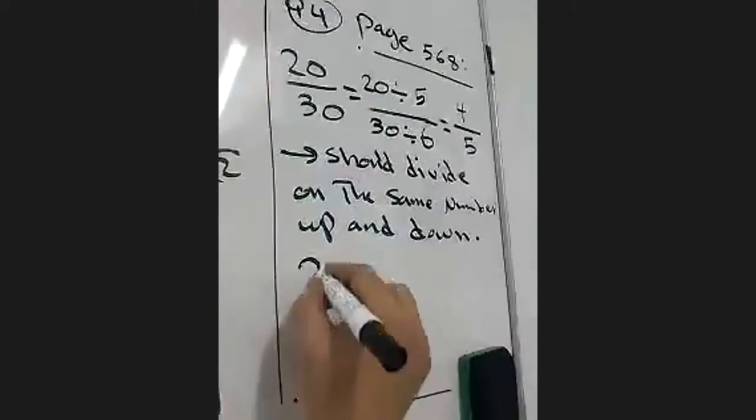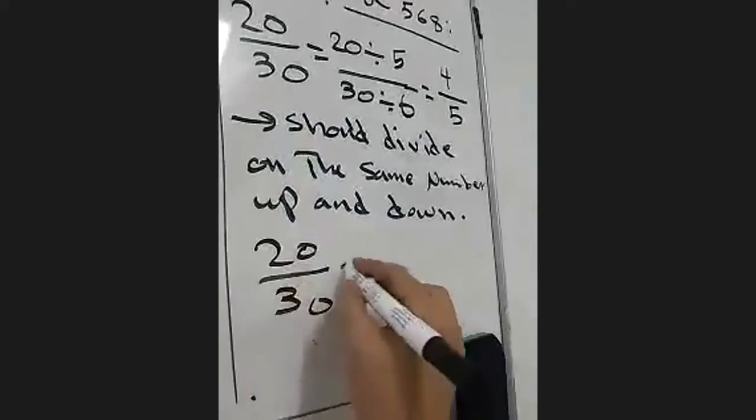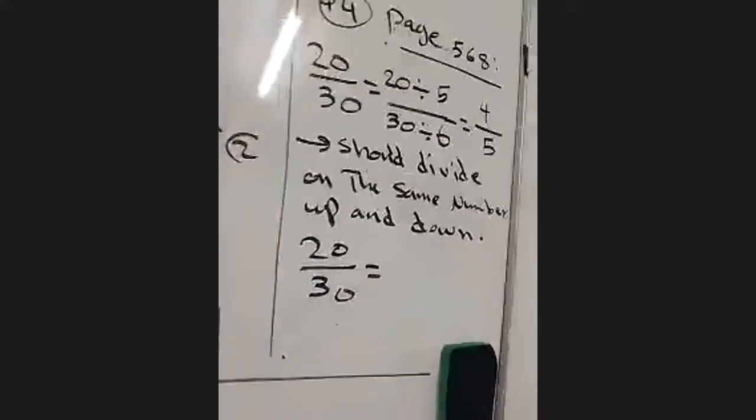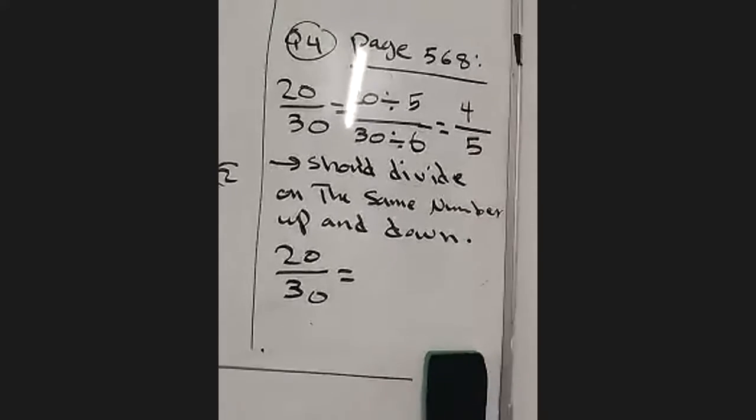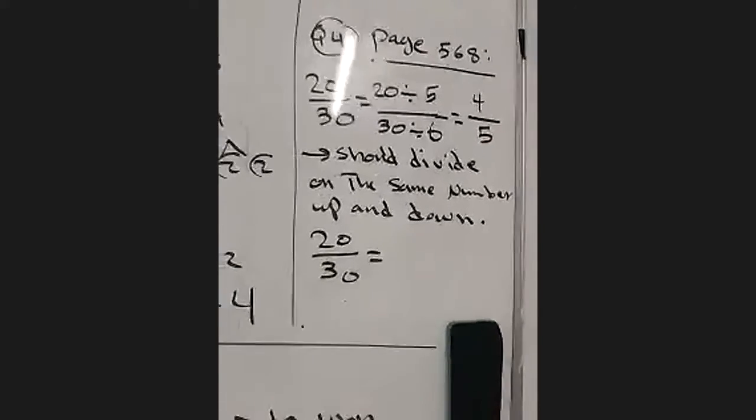Okay. For the 20 over 30, let's find it together. We will use the three-way, right? Let's find the GCF for 20 and 30 on a space here.